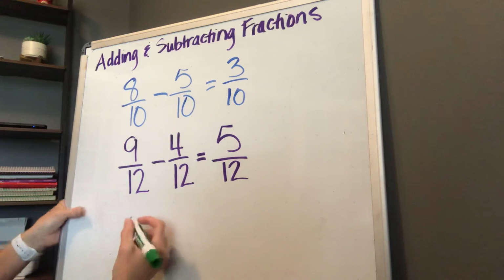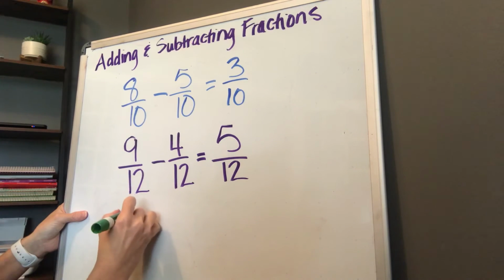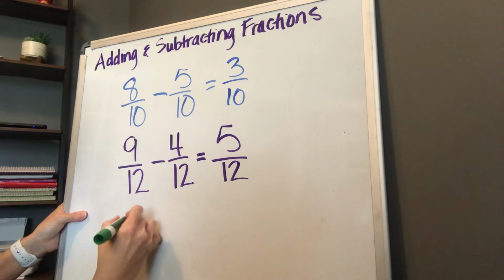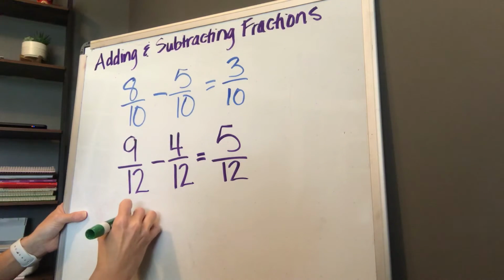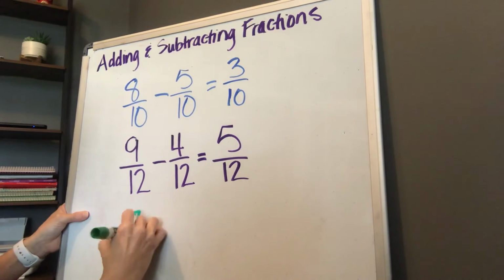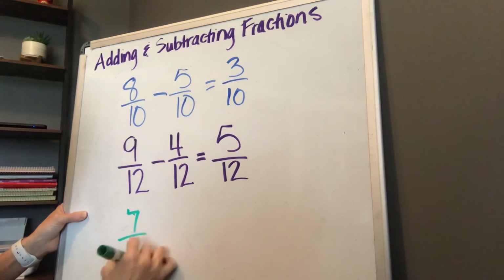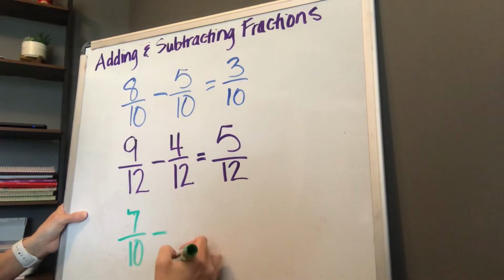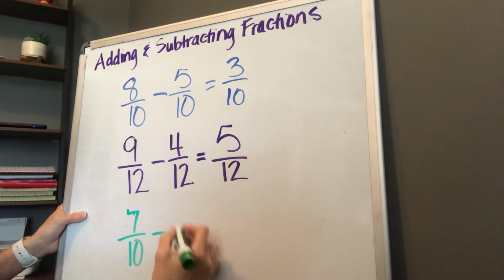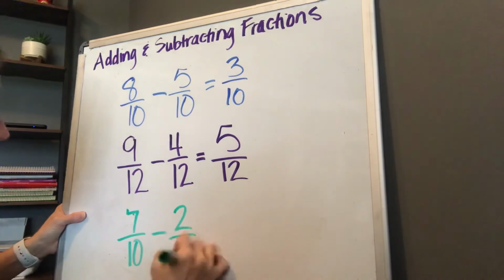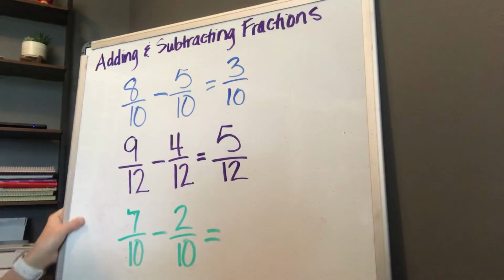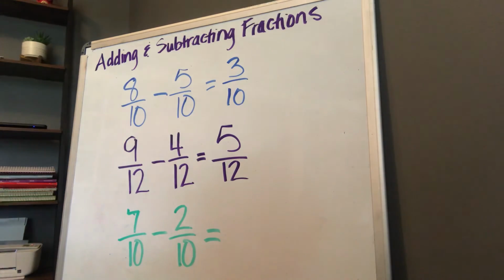So let's try this time 7/10 minus 2/10. Solve this one on your paper. Pause your video as you do it and try to get your answer into lowest terms. Once you have your answer, turn your video back on.